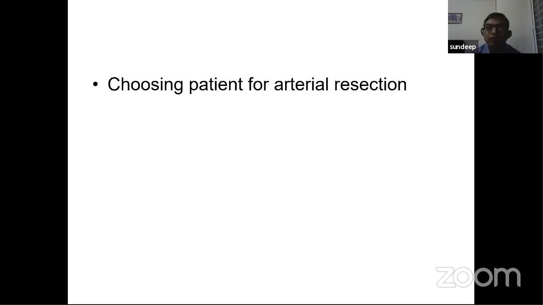Another is end-to-end, of course, and in the common hepatic artery, end-to-end is possible because of its tortuous course. But sometimes, not very often, there is another option of using the splenic artery by disconnecting it from the main course and transposing it to anastomose it to the end of the hepatic artery proper.